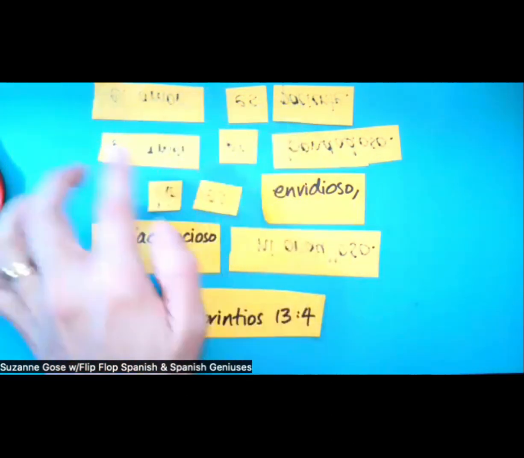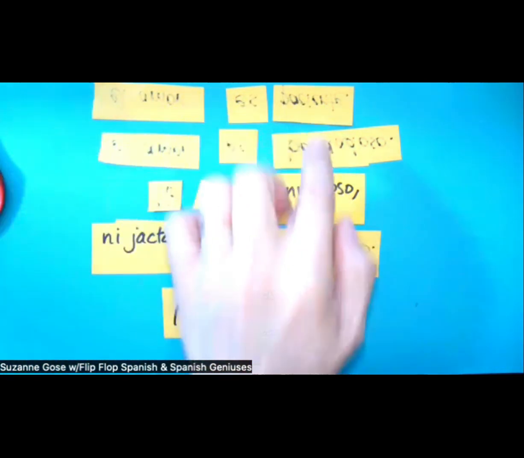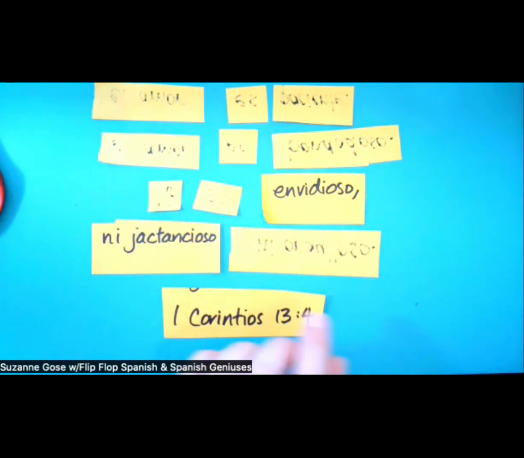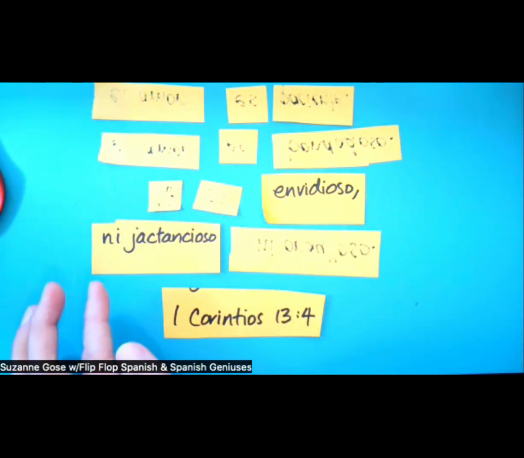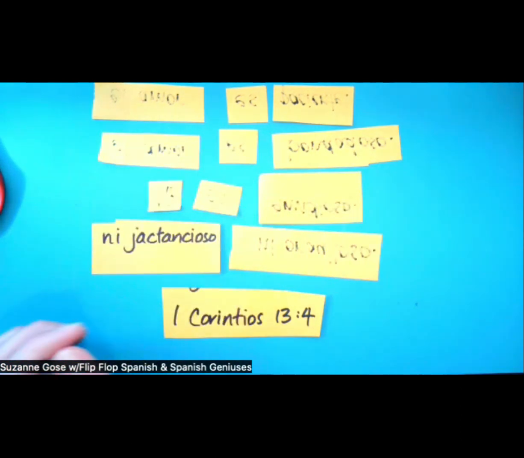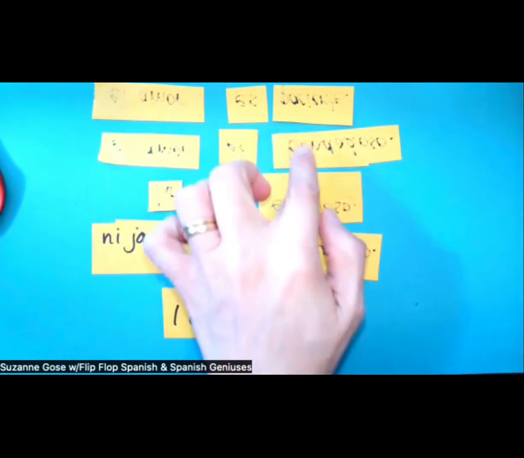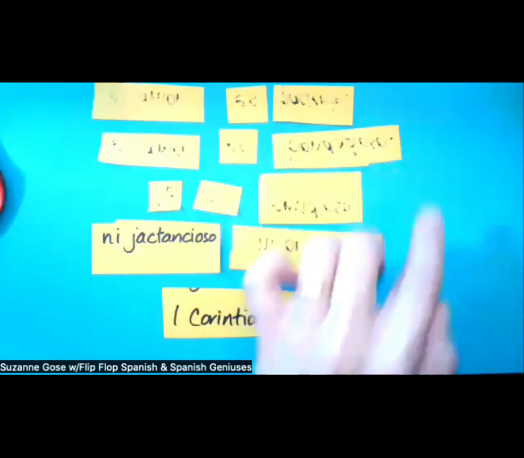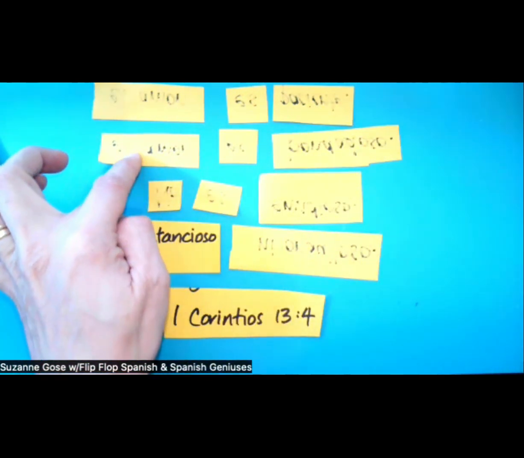El amor es, oops, see, I messed it up. El amor es paciente. El amor es bondadoso. No es envidioso, ni jactancioso, ni orgulloso. 1 Corintios 13:4. El amor es paciente. I always want to say bondadoso first. El amor es paciente. El amor es bondadoso.